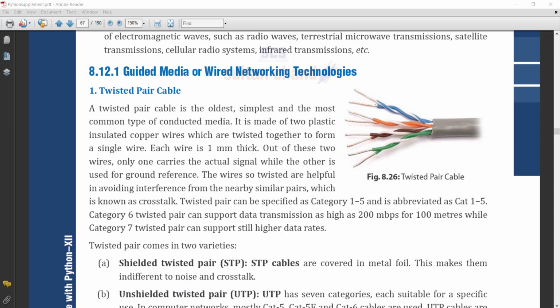Twisted means two wires are overlapped together, and it is just like a simple wire cable. So this is called our twisted pair cable, and it is the simplest and oldest cable.